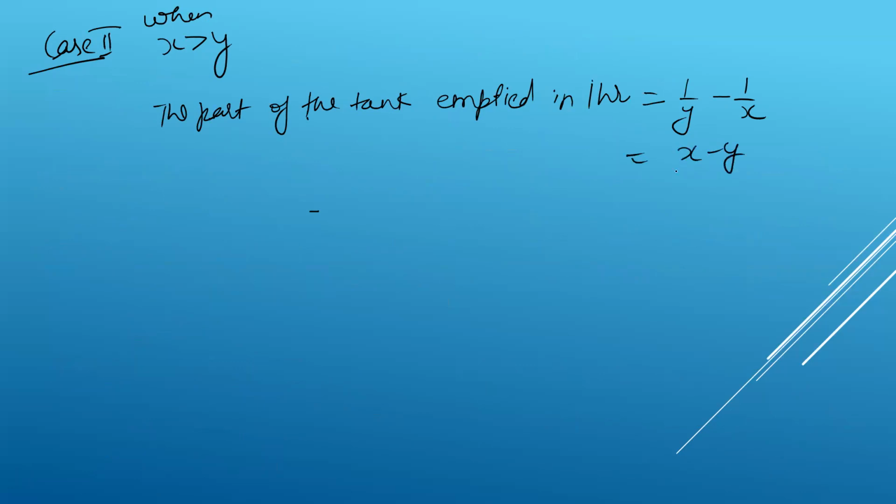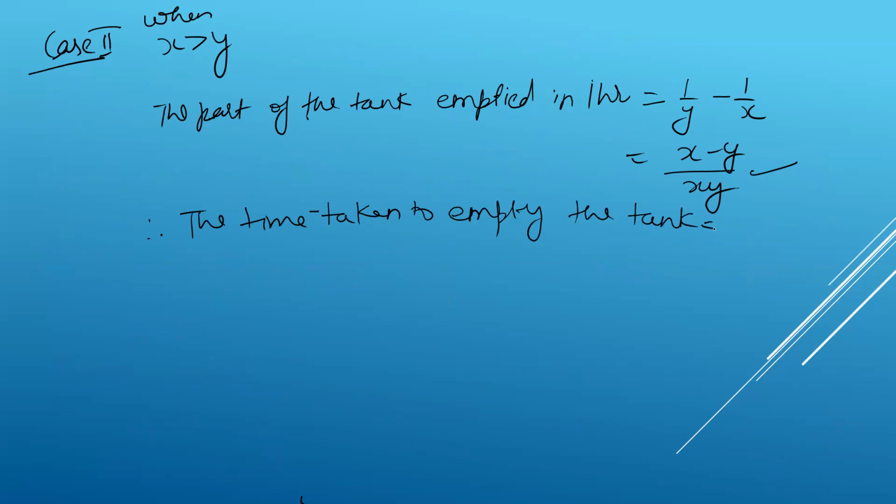We'll get x minus y upon xy. ये तो आपका 1 घंटे की बात हो रही है. तो ओवरऑल पूरा का पूरा टाइम कितना लगेगा? So therefore, the time taken to empty the tank will be equal to xy upon x minus y. So ये बहुत बेसिक सी चीजें थी. इसके बाद आ जाते हैं पार्ट 4.